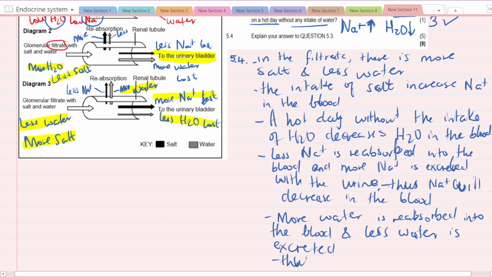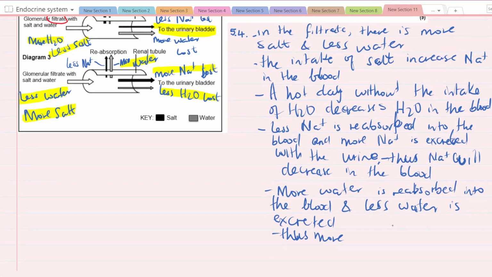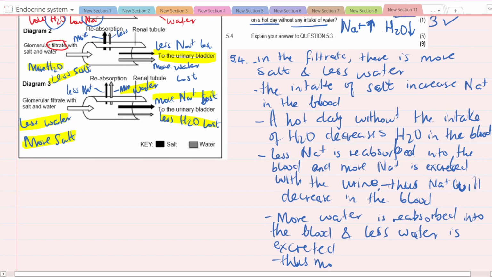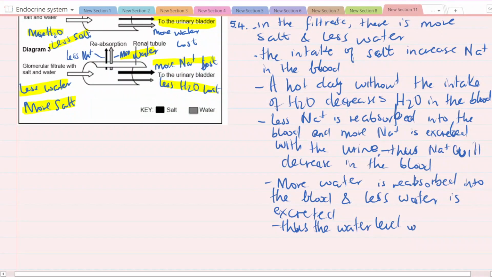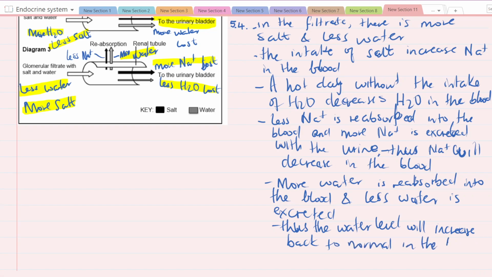Thus the water level will increase back to normal in the blood. So that's how you answer that question.